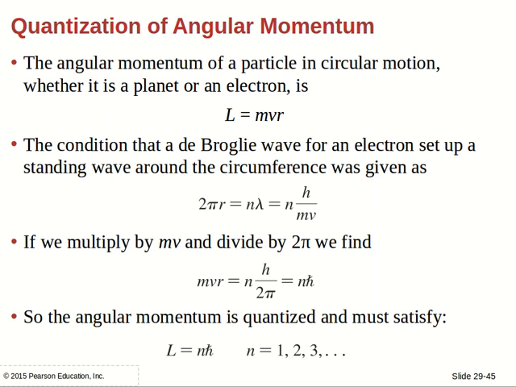Now we've mentioned that this wavelength condition for the orbit has to do with its angular momentum. What that translates into is that when we start from the expression for angular momentum, which is mvr, we now have expressions for the velocity and the radius for the atom based on Bohr's postulates.